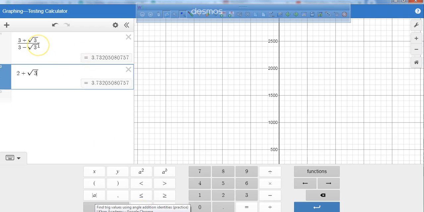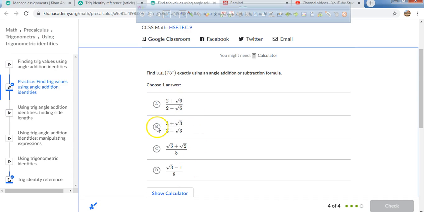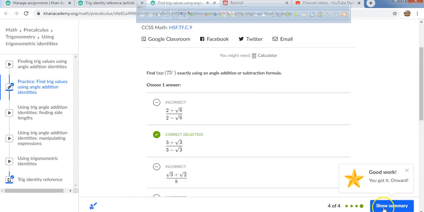So this is the answer you're going to choose for the Khan Academy, but this would be the best or the most simplified answer, being that we don't want to have irrational numbers in the denominator. It's considered a big no-no. Okay, so there's our answer right there. You can see it right here, and you're good to go.